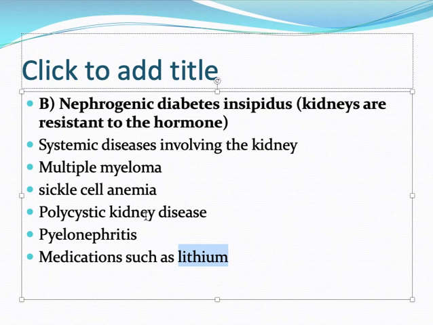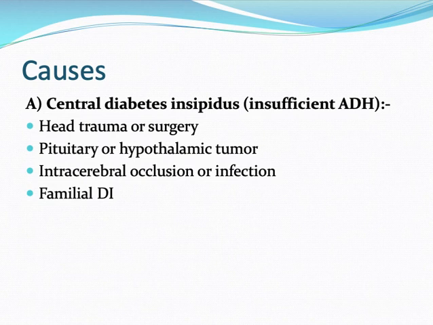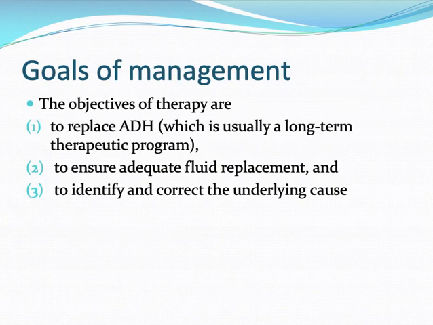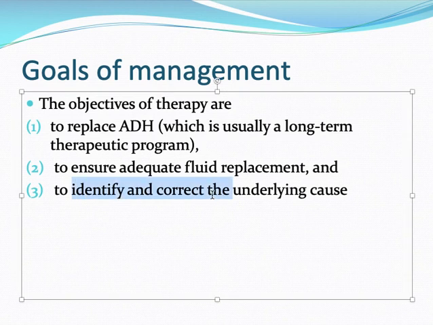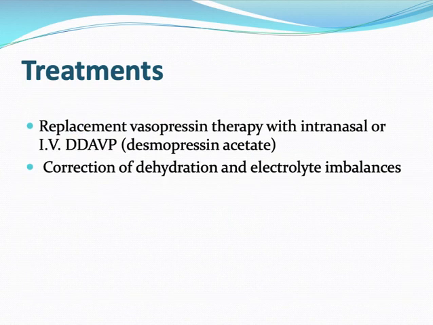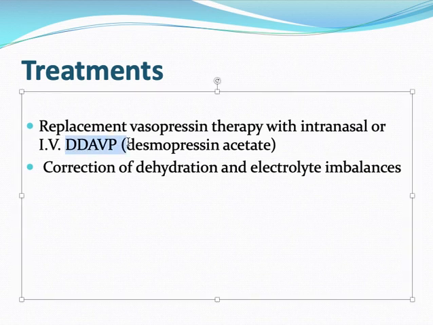If someone has multiple myeloma, treat that. So treatment is to identify the underlying cause, to treat the dehydration, and to replace the ADH in case of central DI. So how do we replace the ADH in central DI? Simply by giving DDAVP, of course for the central one.